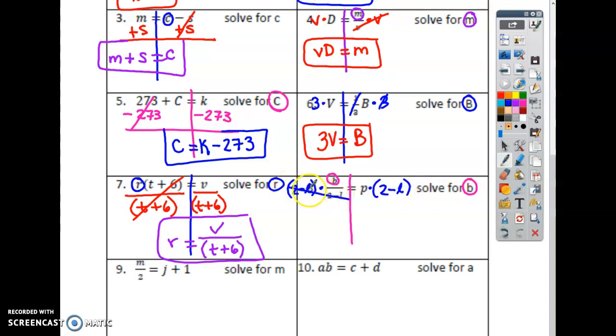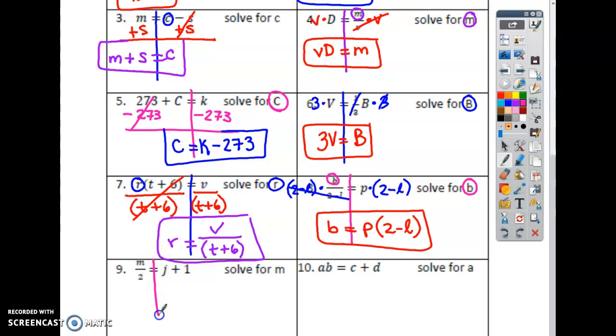And then these two cancel. So that leaves me b by itself equals p parentheses 2 minus L, because that means multiplication. Done. We're almost done, guys. 2 more.